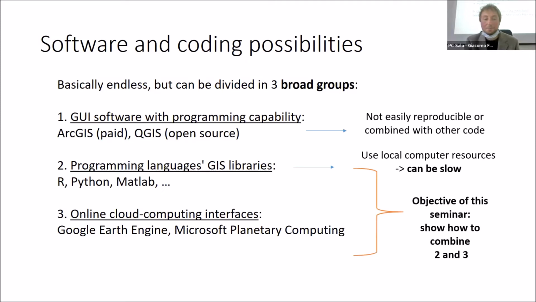Basically, these tools have the benefit that they outsource the computing power to do GIS analysis on the cloud. So your local machine will not be affected by the size of the data because the calculations happen online.